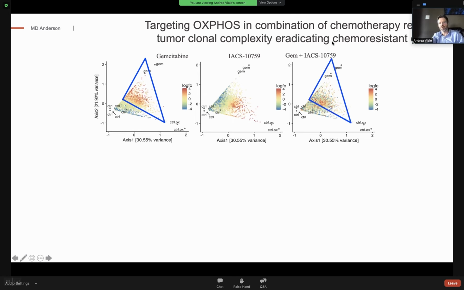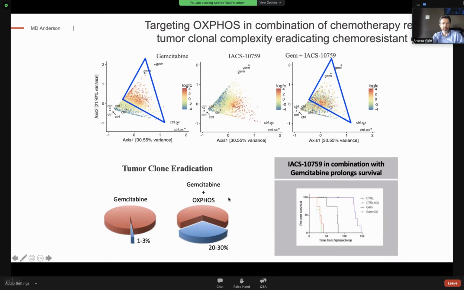And these clones are really targeted and disappear when we use the combination with an OXPHOS inhibitor. And so we were really able to prove that this strategy is able to eradicate clones and increase the survival of the animals.